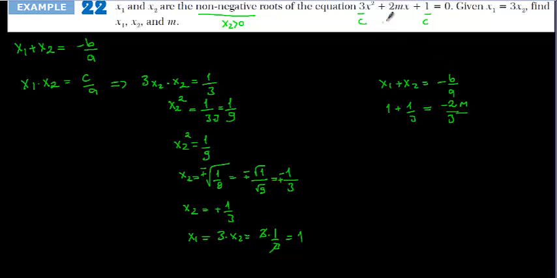And here 3 times 1 plus 1 is equal to 4, so 4 over 3 is equal to minus 2m over 3. The 3 is the same on both sides, and they are both denominators, that's why you may simplify. Then 4 is equal to minus 2m, and m is equal to 4 over minus 2, which is equal to minus 2.